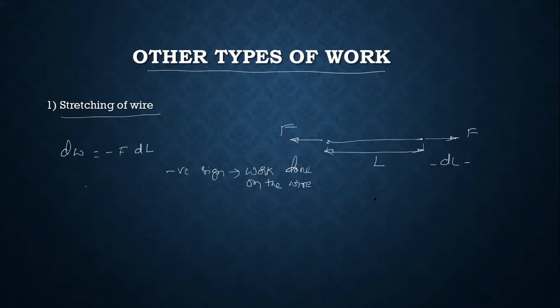Now, we know that based on Hooke's law, stress is directly proportional to strain, and at the same time, stress is also defined as force by area. If you remove the proportionality constant, you will get the elasticity modulus.